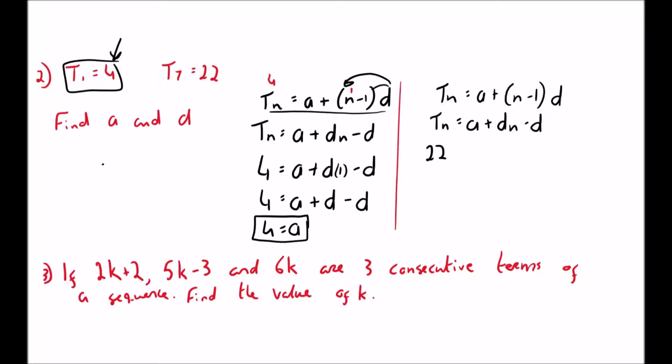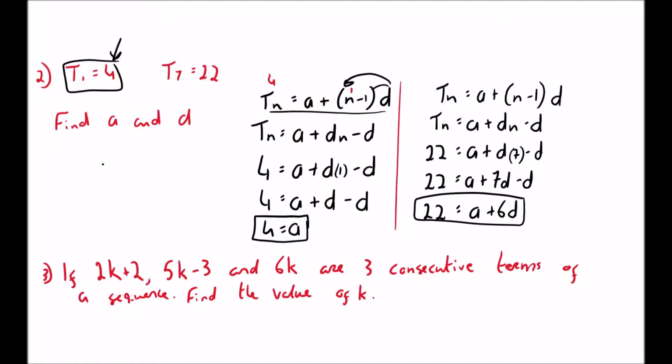So we're getting out 22 when we put in 7 for n. So d times 7 minus d. That'll give us 22 equals a plus 7d minus d, which gives us 22 equals a plus 6d.